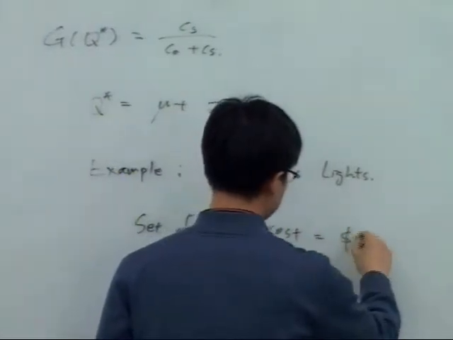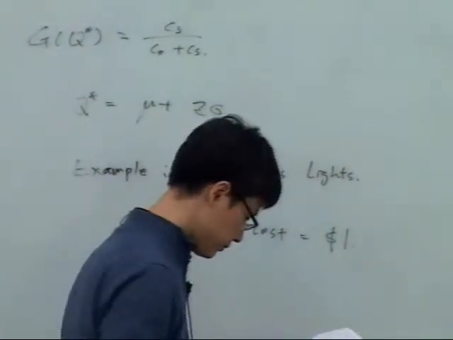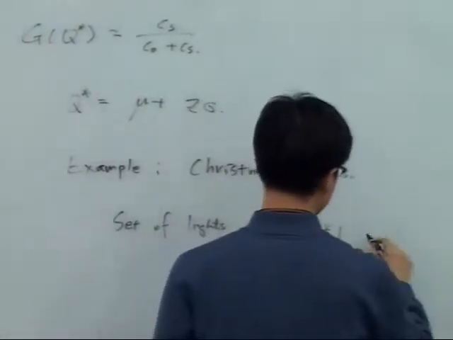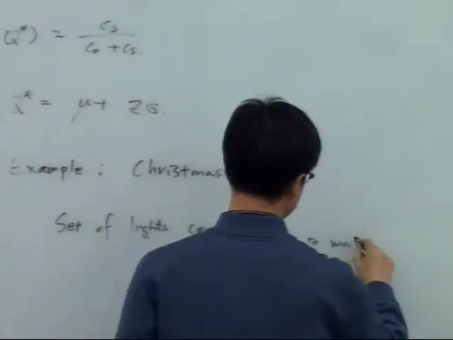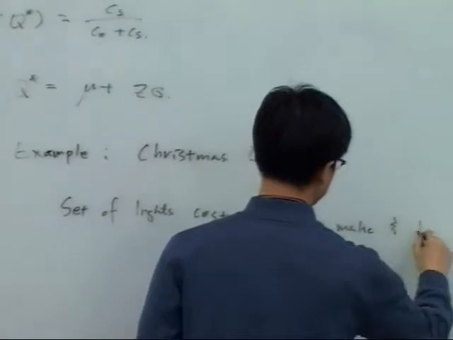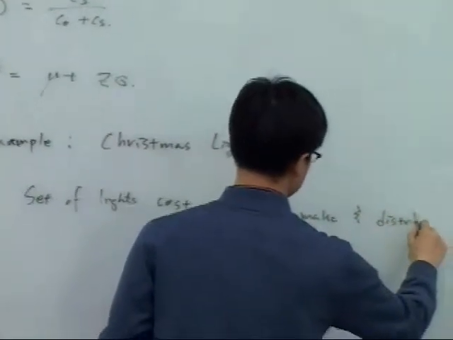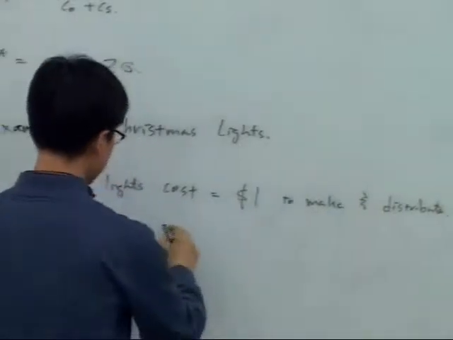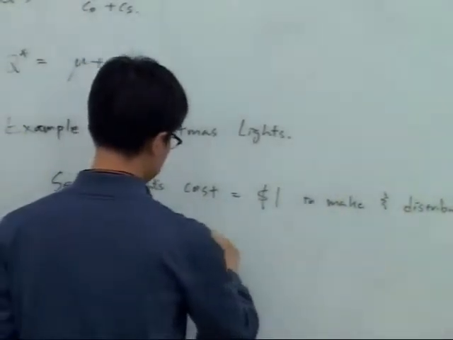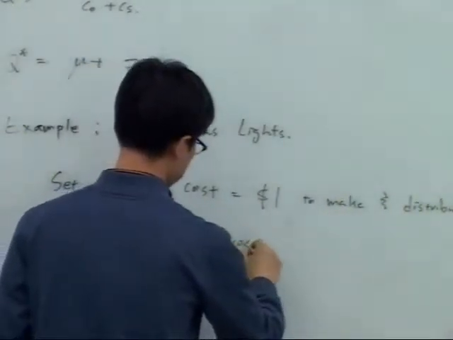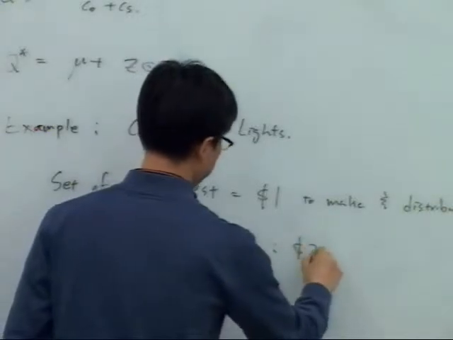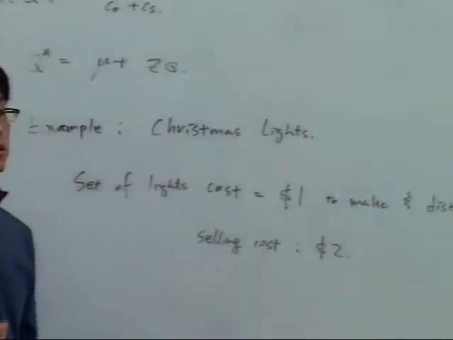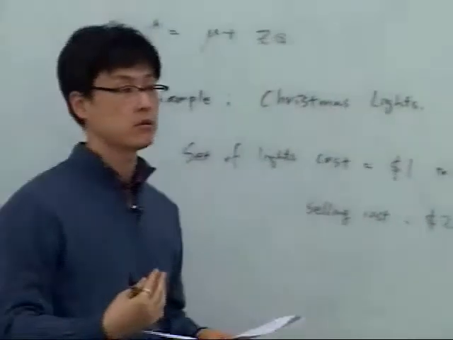Cost is $1 to make and distribute, but you sell it at $2 because you have to have some margin, right?